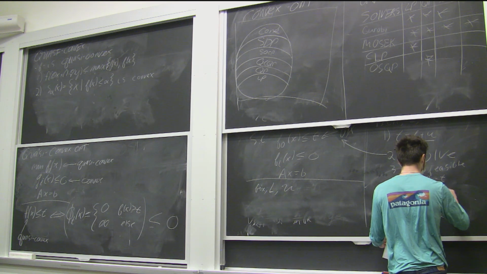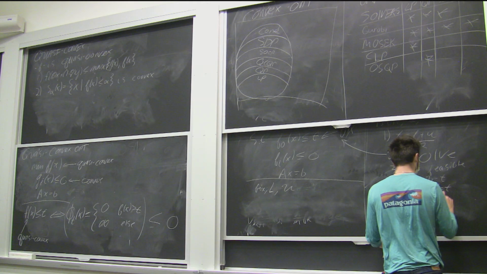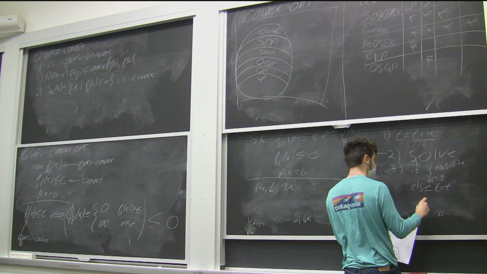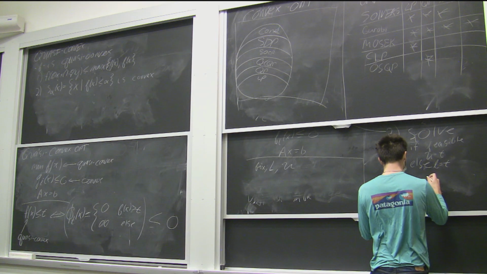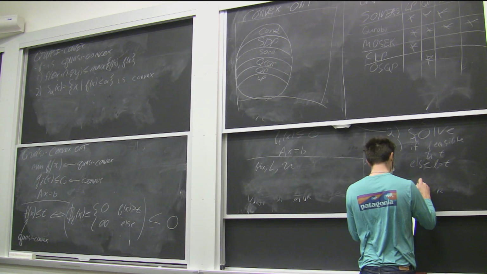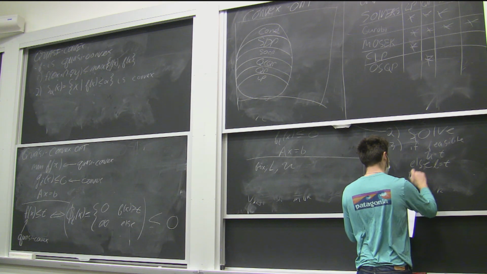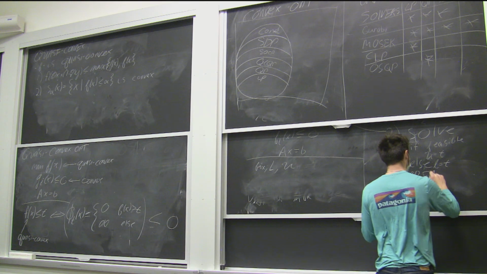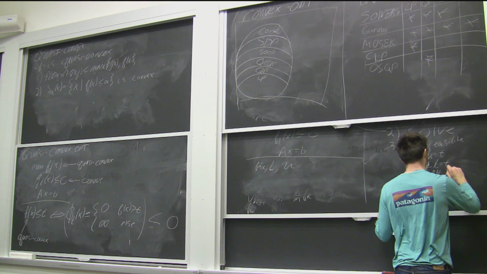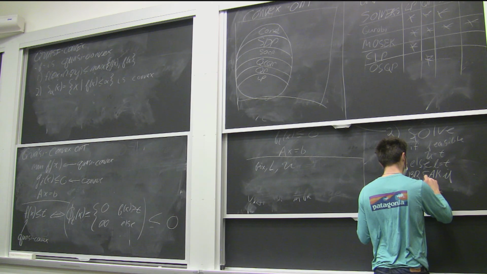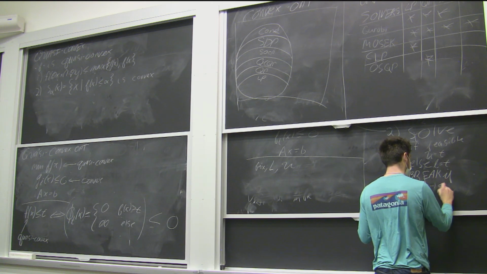Otherwise, I have to increase the lower bound to t. And then I break if U minus L is less than the tolerance.